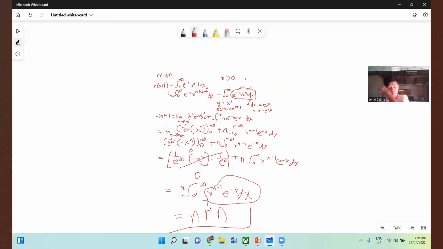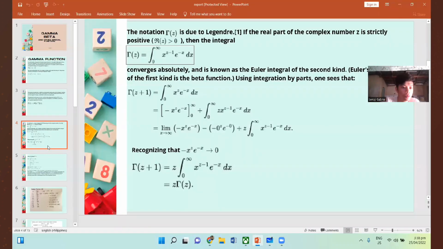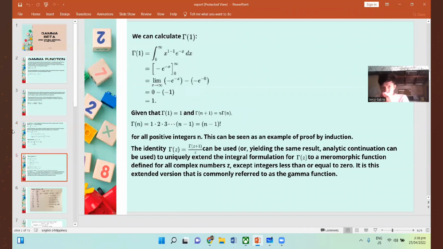So we have now proved that gamma of n plus 1 is equal to n gamma of n. So it's okay now. So next slide.